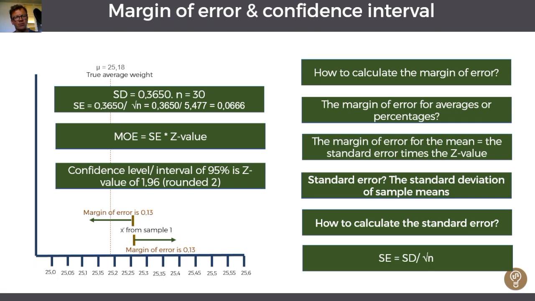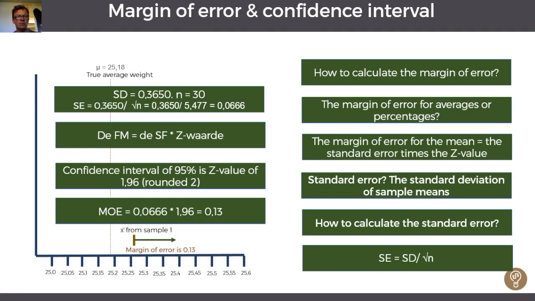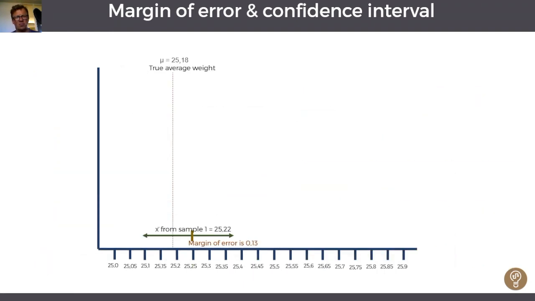So now you know the standard error, you know the z-value, so you can calculate the margin of error, and that's 0.0666 times 1.96, or rounded 2. So the margin of error is 0.13 in this example. And you're pretty confident that you will catch the true average of the population within the margin of error to the left and to the right.